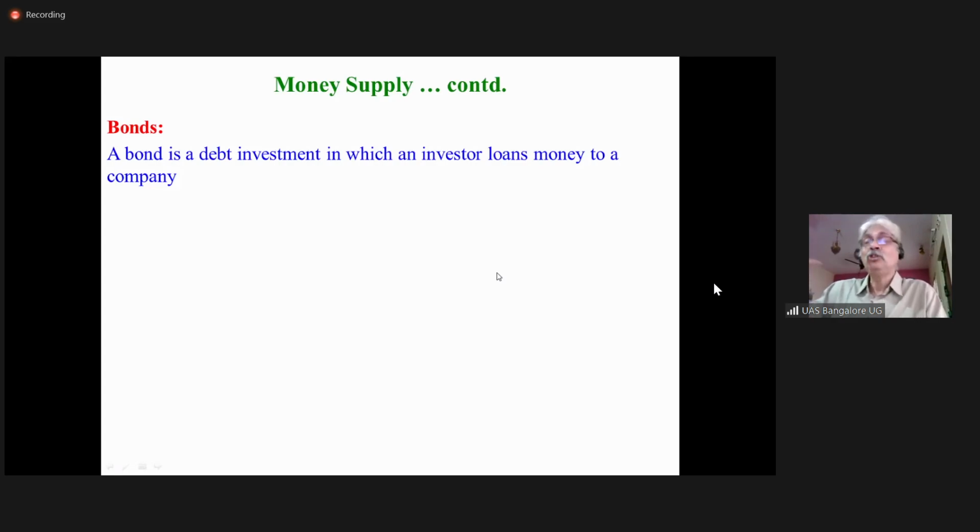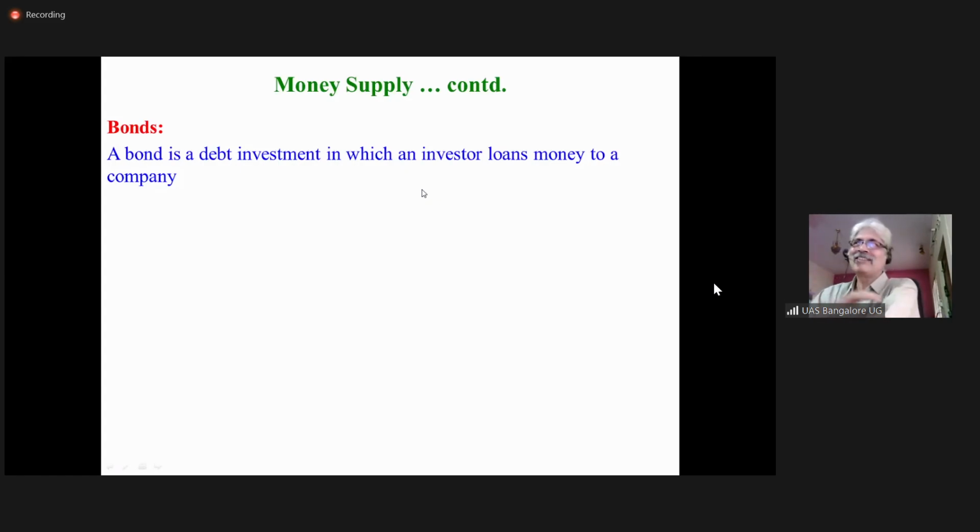You will get a lot of money. But if you are a bondholder, if you have invested in bonds, then because it is a loan that you have given to the company, the interest rate is always fixed.